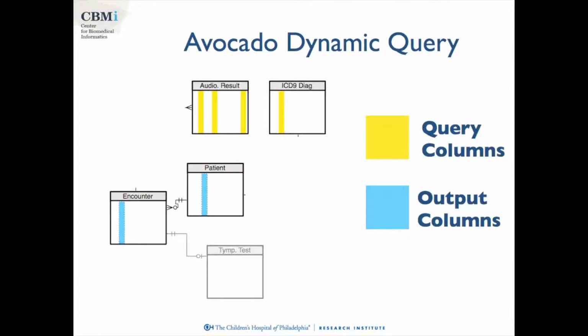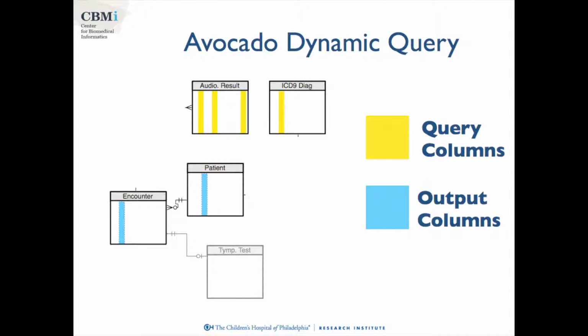The other thing that Avocado provides is the notion of a dynamic query. We really want end users to feel as though they're working with a giant Excel spreadsheet. The way we accomplish this is that we basically take in the query columns, so these would be the conditions that you're using to filter your data, and then the output columns that you've chosen for your report.